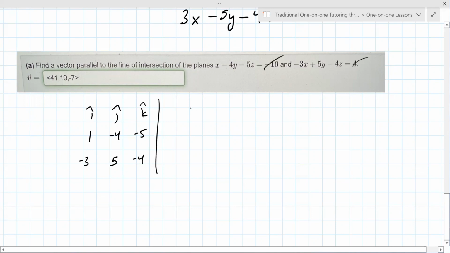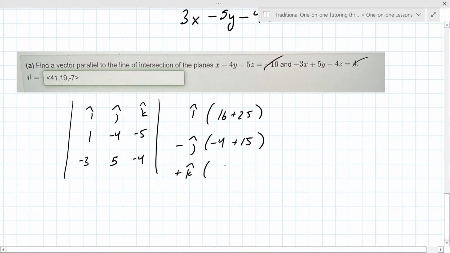So we get the determinant of this 2 by 2: 16 plus 25, minus j hat times minus 4 plus 15, plus k hat times 5 minus 12. So you get your 41 i hat minus 11 j hat minus 7 k hat, or like you wrote it in vector notation here.